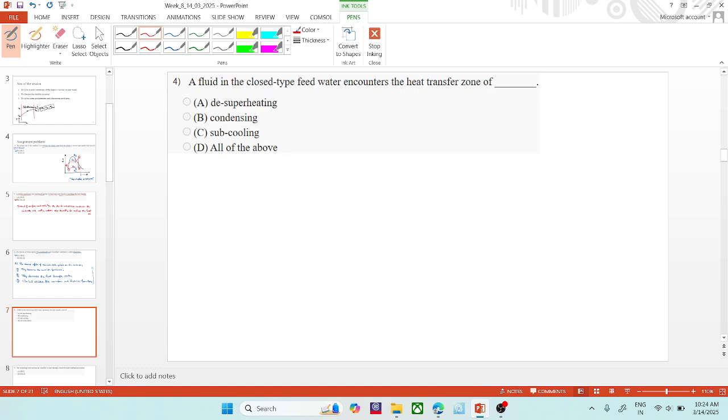So let's draw it in the TS diagram for the closed feed water heater system. Suppose this is the condenser pressure. The water moved from here to here and then also came here. So these three states.